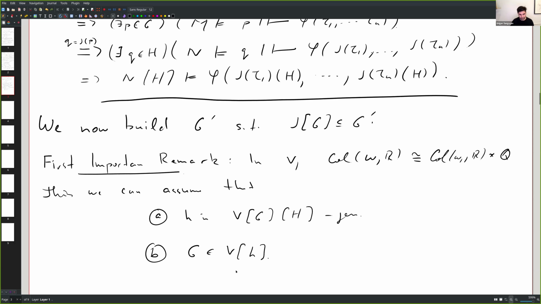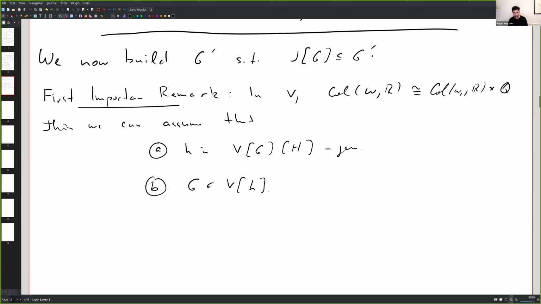So how would you do it? Well, this is the part that's tricky. Given G, there is some other generic that gives you H. I have to change the G; what I mean is that we can pick G, H such that we write H equals G star some H prime, because of this factorization.